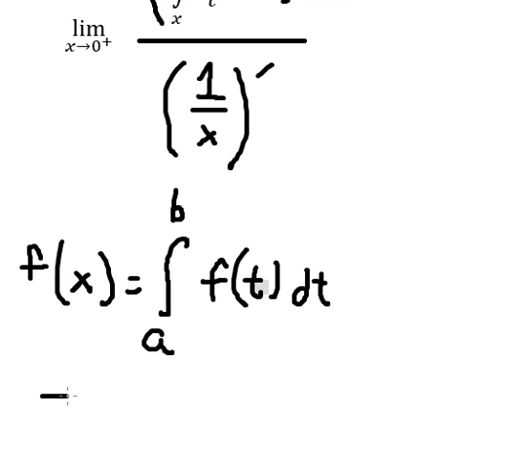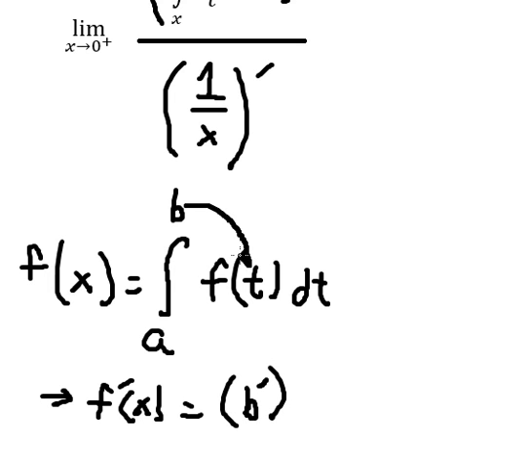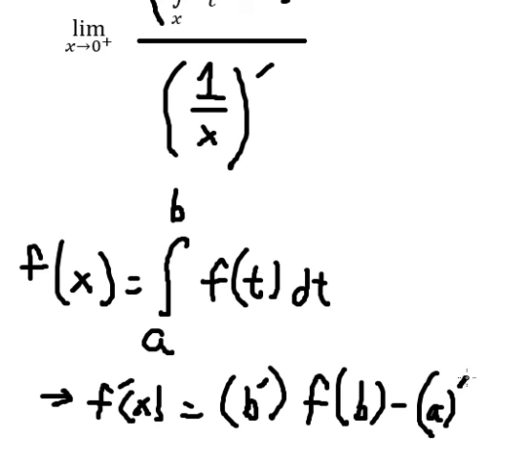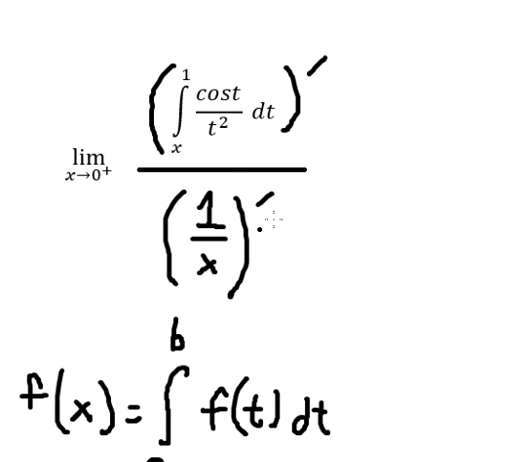So if we do first derivative, this is about, we need to do first derivative of b, and the value of b we change for t, minus, we need to do first derivative of a, and the value of a we change for t. Now if we apply the formula in here, that should be like this.